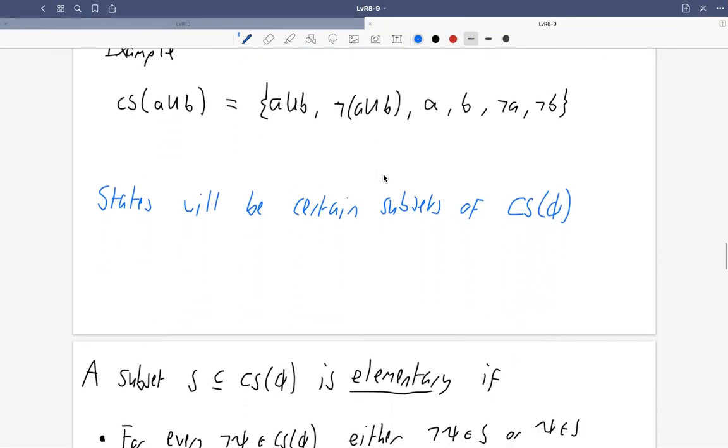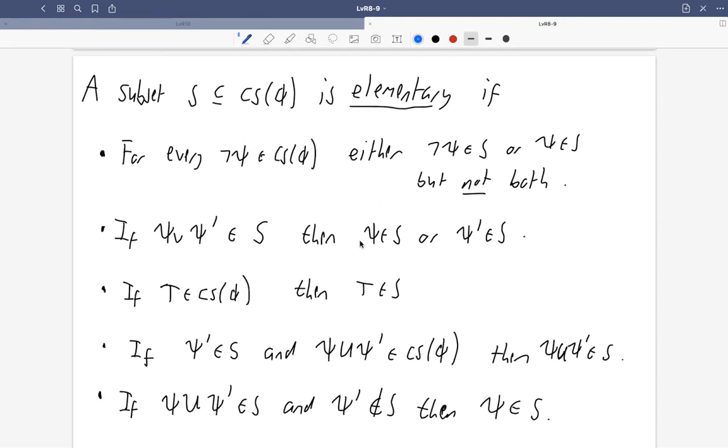So once we had the complemented subformulas, we had the notion of an elementary subset. And some important considerations were that for every complemented subformula, exactly one of that formula or its negation needs to belong to an elementary subset. If you have a disjunction, one of the disjuncts needs to belong. If true is a complemented subformula, it needs to belong to the elementary subset.